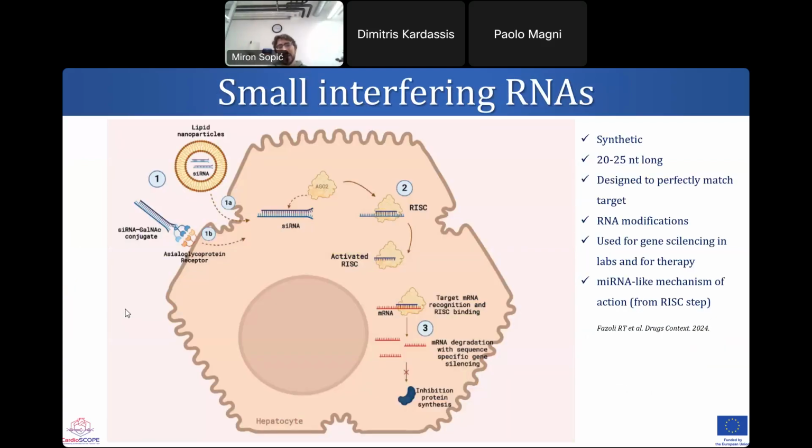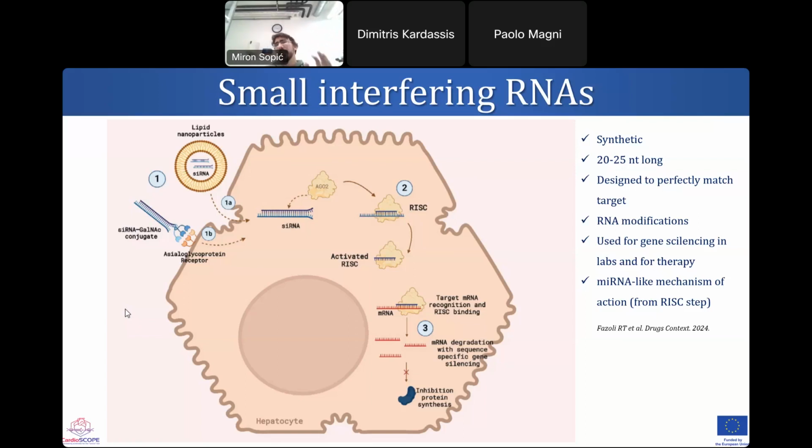So the next type of RNAs are small interfering RNAs, and I put here on the slide synthetic, which is arguable because in nature some organisms can produce small interfering RNAs. But from my perspective, when we discuss cardiovascular disease and targeting therapies, I would say synthetic, because this is something that we synthesize in order to target certain genes.